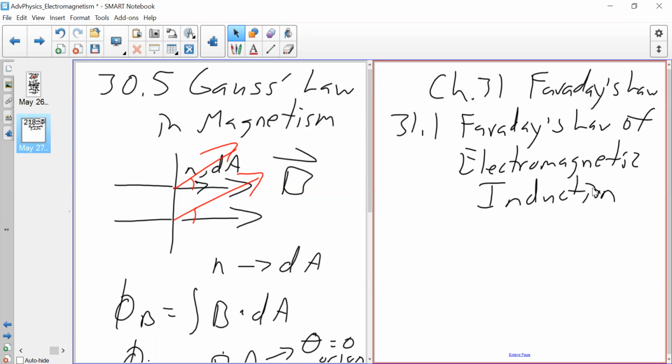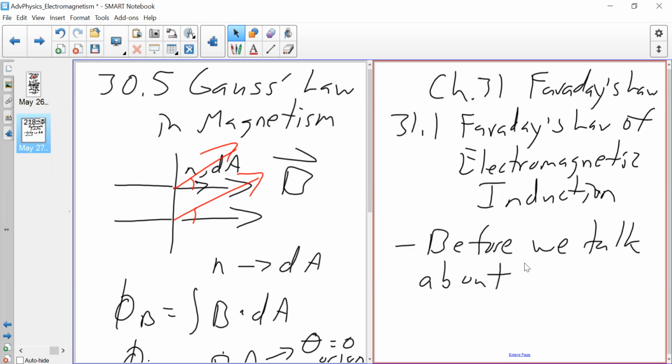So before we get into that, I'm just going to take us on a journey that's going to lead us up to electromagnetic induction. So some notes here and story time.